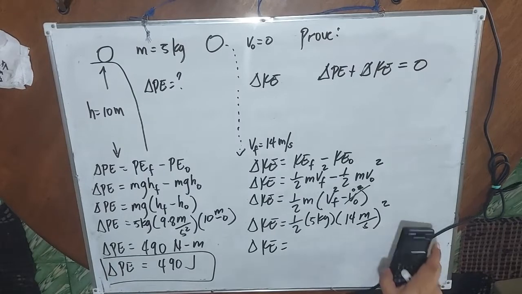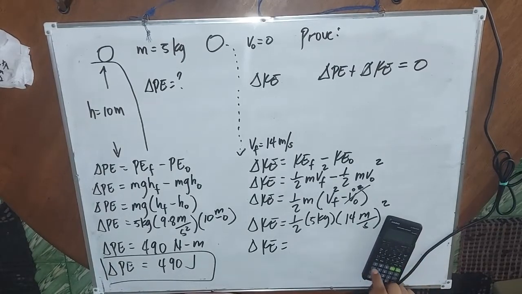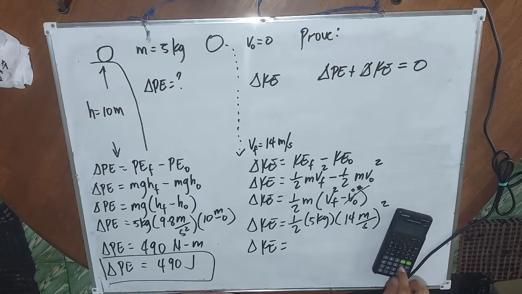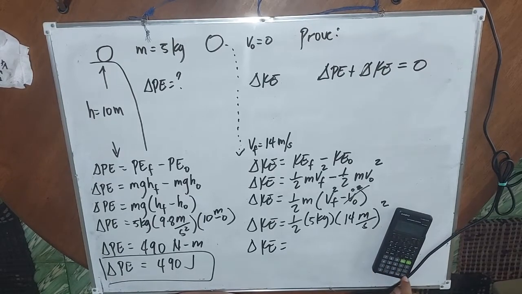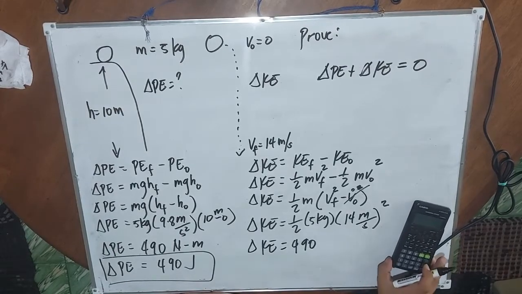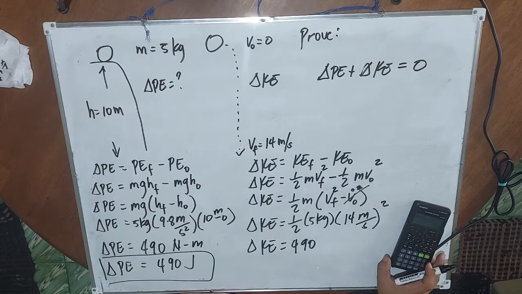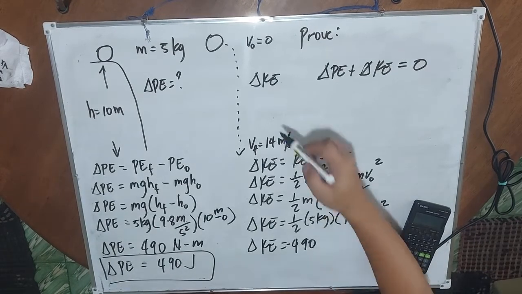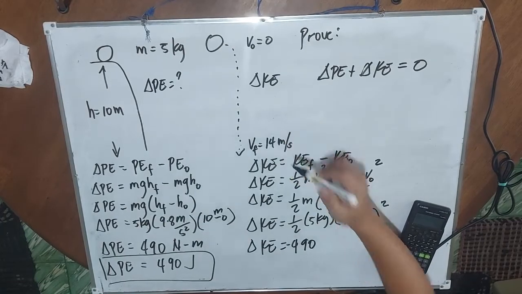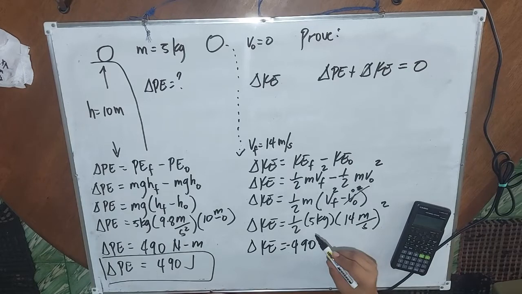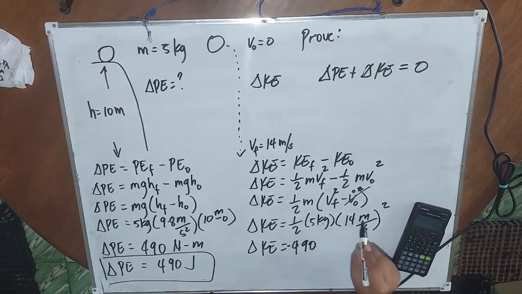So 14 squared is equal to 196, times 5 equals 980, divided by 2 equals 490. Okay? Negative. Negative kasi yung object natin is going downward. So, we would have kilogram meter squared.